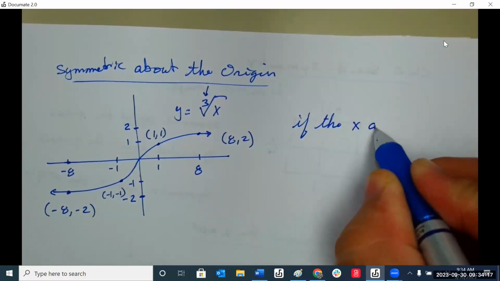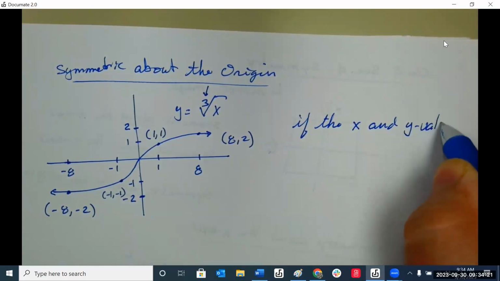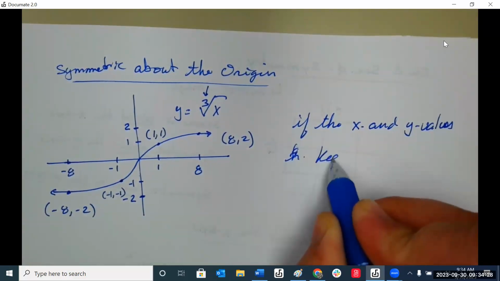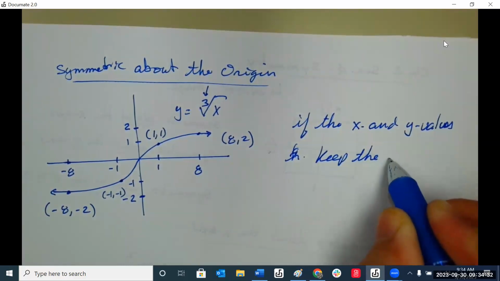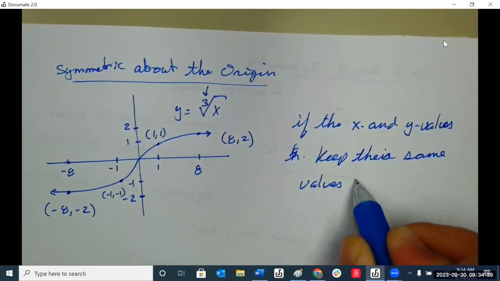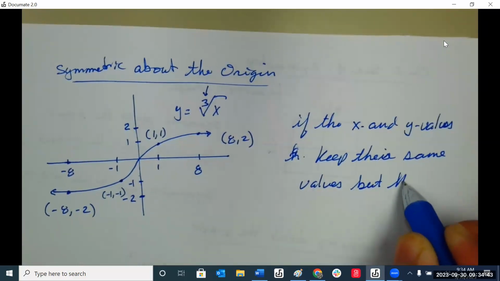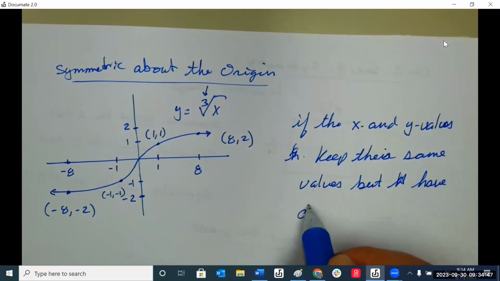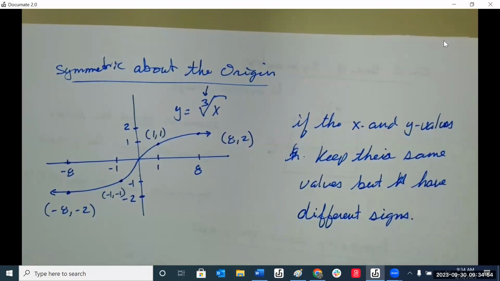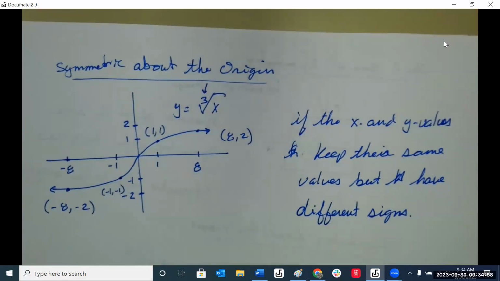If the x and y values keep their same values, but have different signs, it's either going to be first, third quadrant, or second and fourth quadrant.